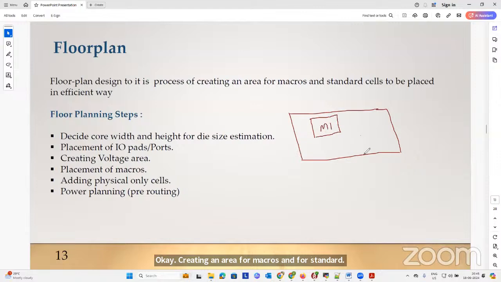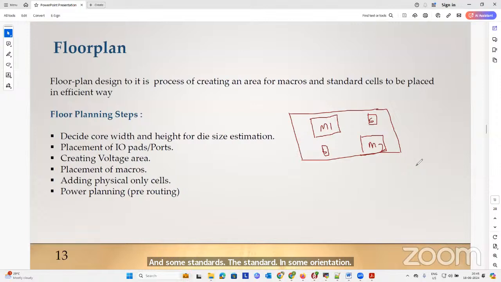Macro 1, macro 2, and some standard cells. These standard cells are placed in some orientation in an efficient way. See how neat they are looking. So this is called floor plan.